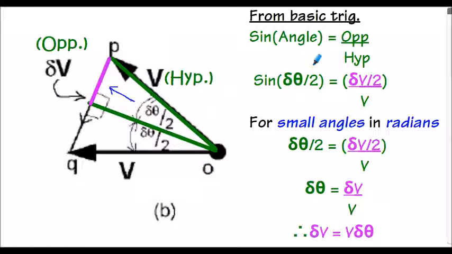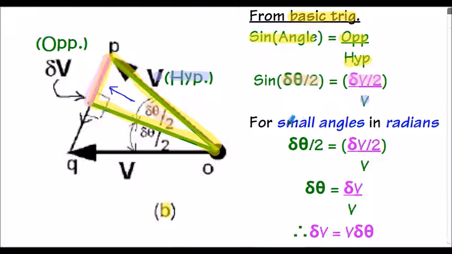And just for background reference, I've shown a more detailed breakdown of the basic trig approach here. Again, here's figure 1b repeated. Initially the derivation just considers this right angled triangle. From our basic trig, sine of the angle is equal to the opposite side upon the hypotenuse. In this case, the angle is delta theta upon 2 for our triangle. The opposite side shown here would be delta v divided by 2, and the hypotenuse in this case is v, velocity.